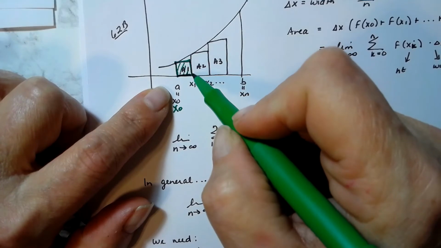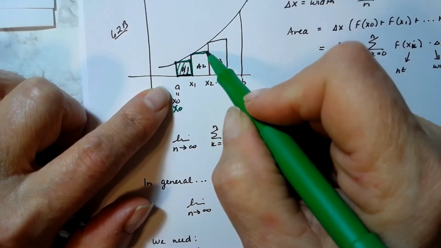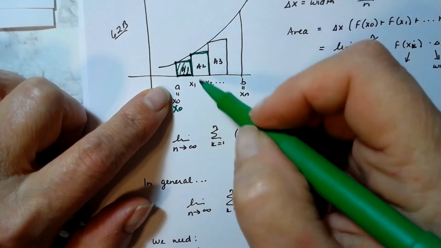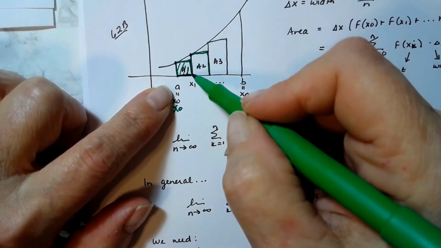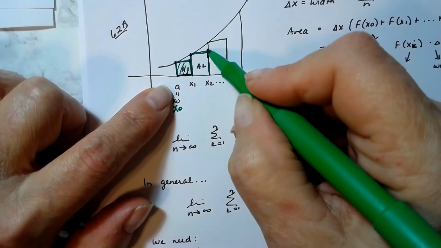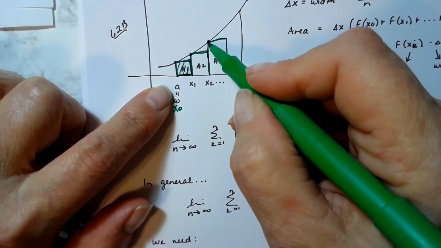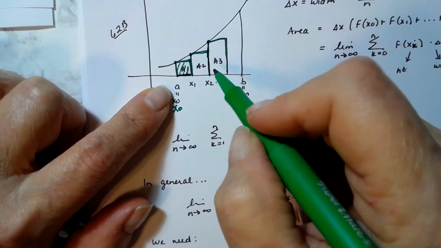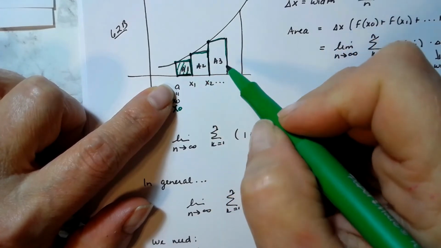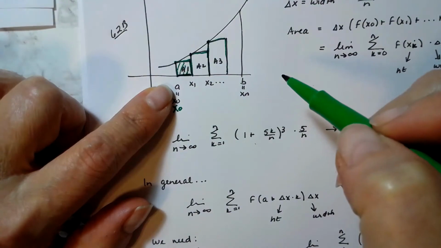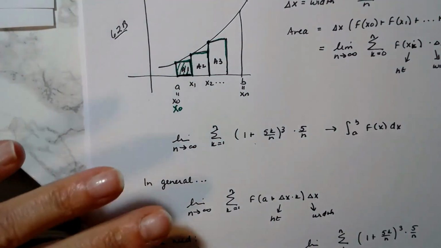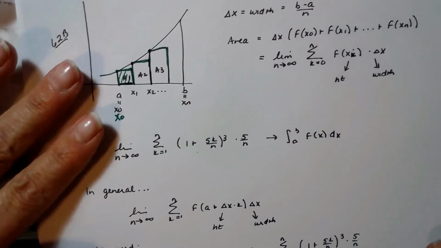And then if I computed the next rectangle, again working on a left-hand Riemann sum, I would have delta x times f of x sub 2 and delta x times f of x sub 3 for this height here. The idea is we would add up all the areas and we'd get the sum, and that would be our approximation of the area under the curve, whether it's an overestimate or an underestimate.